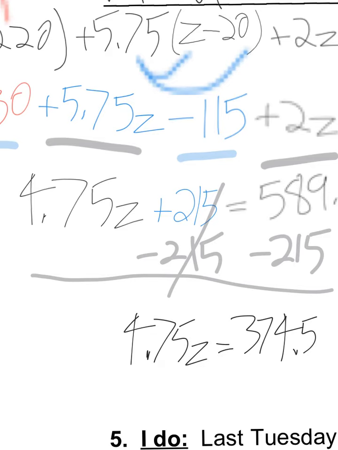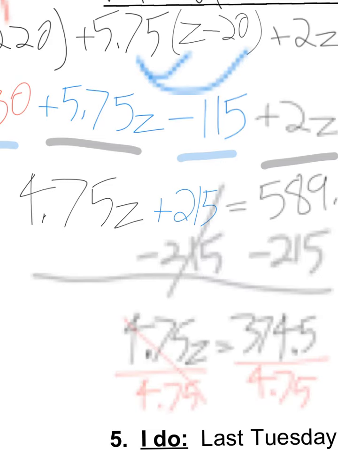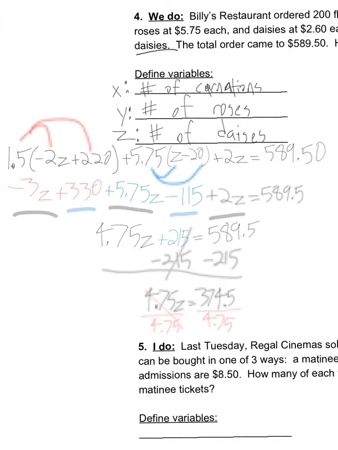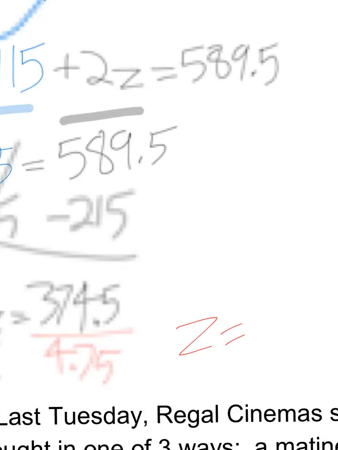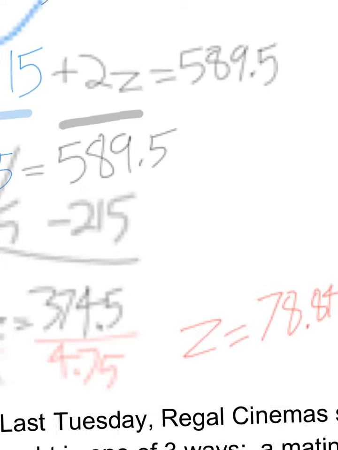So now that means I have to divide by 4.75. So 374.5 divided by 4.75 gets you 78.84. That obviously is a confusing answer because you can't have 0.84 of a rose.